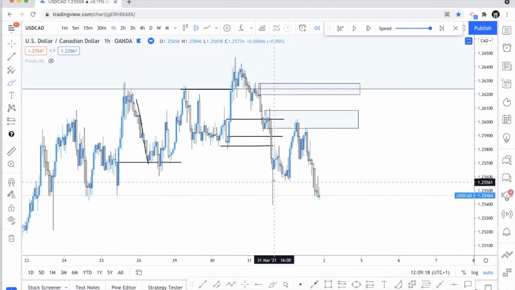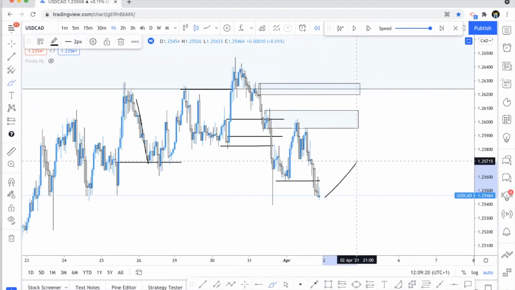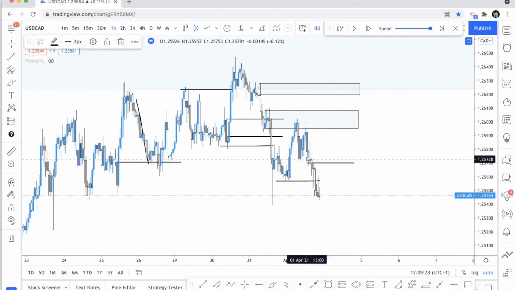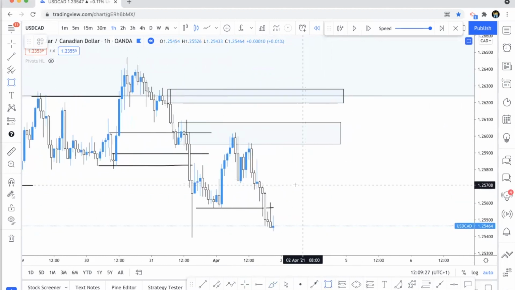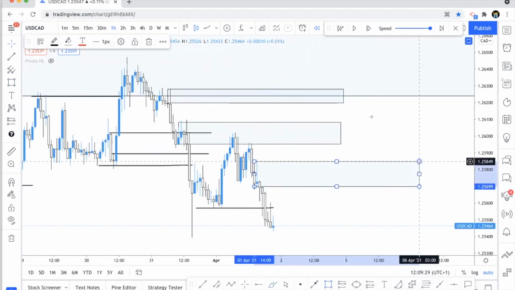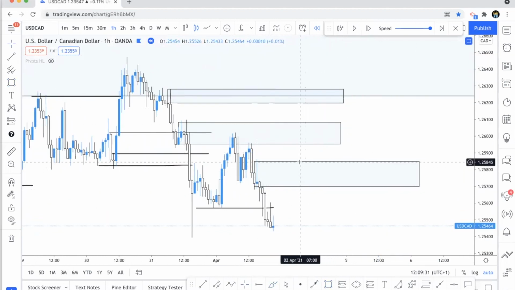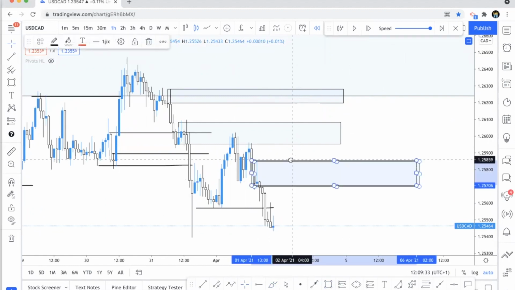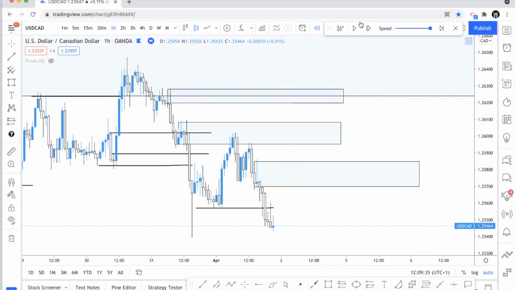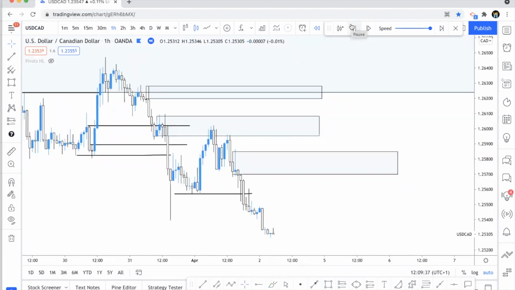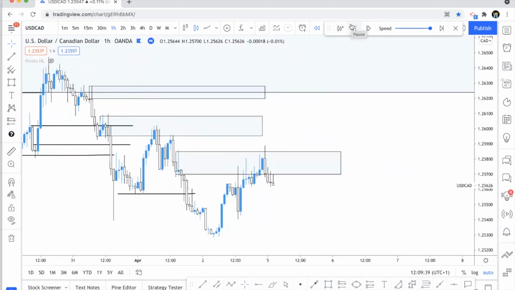So there we go. We had another break, right? Come back up all the way up to another unmitigated block right here. Let me use this properly here, show you guys. Should be the last example here. Okay, and we had also another area, I believe. No, it's been mitigated. So this is the only one right here. Okay, price is coming up.